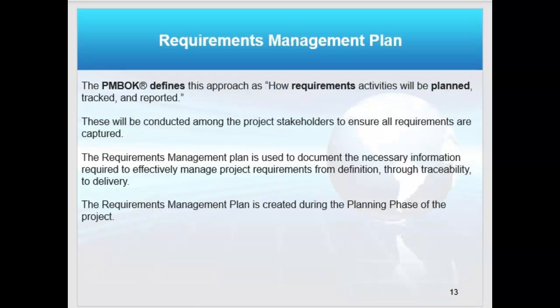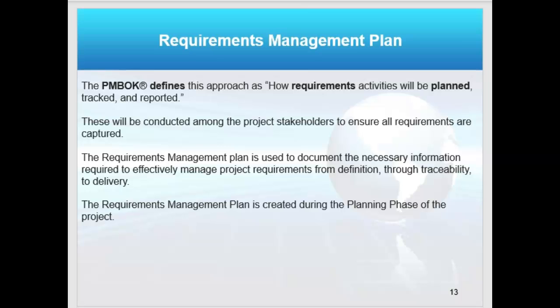Okay. In addition to the requirements traceability matrix, the same output from the process called collect requirements, you can see that on page 25 in the planning process group. The other output in collect requirements is the requirements management plan. And this is how requirement activities will be planned, tracked, and reported, right?